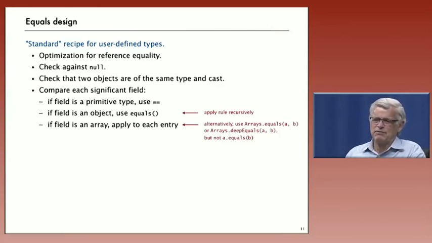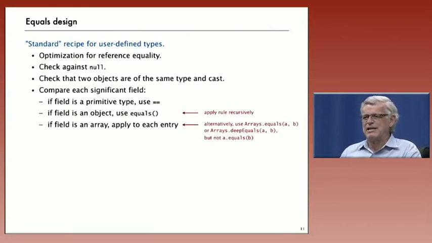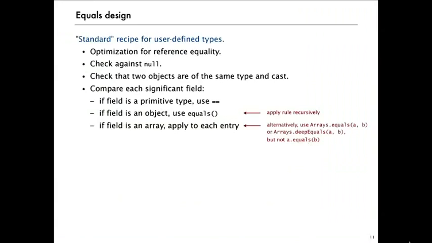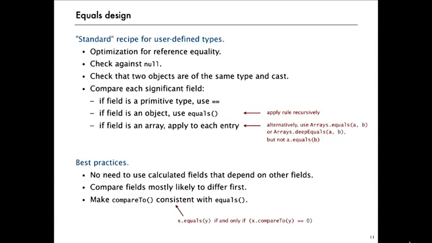And if you have a field that's an array, you can go ahead and apply it to each entry. There are implementations in Java. You don't want to use a.equals(b). That checks if those arrays are the same objects, and that's not what you want. You want to check that all the values are the same. And if it's an array of objects, you can see that testing for equals can actually involve a lot of code and a lot of cost.